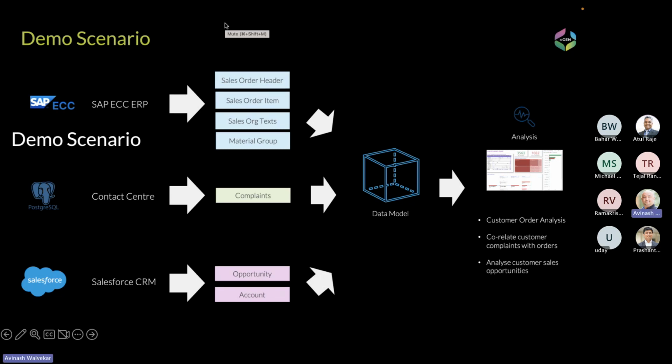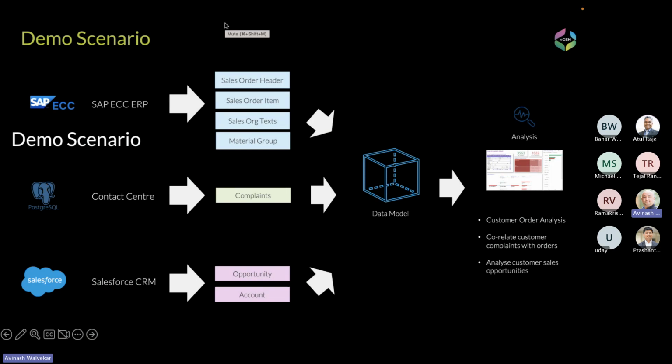Okay, so the demo scenario. What we have tried to do in this scenario is to use elements from three different sources. On the one hand, we have chosen a complex ERP, SAP ECC.